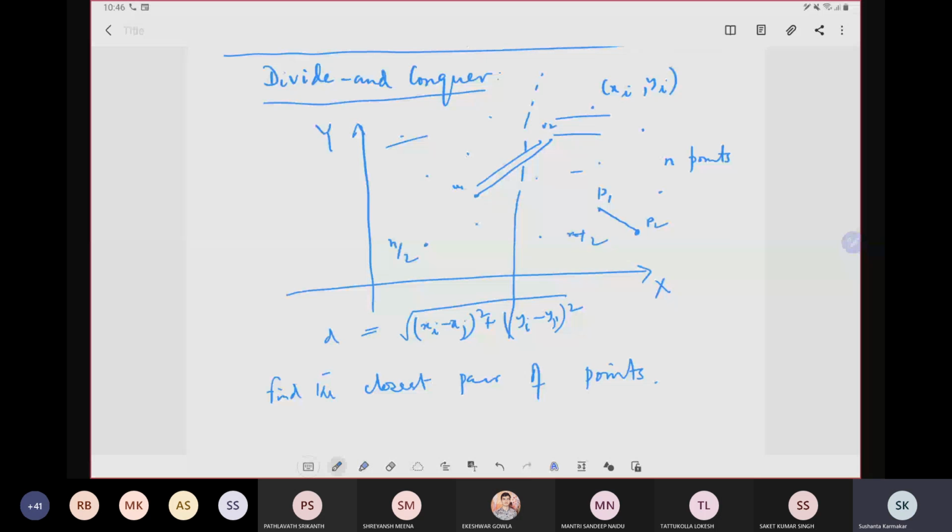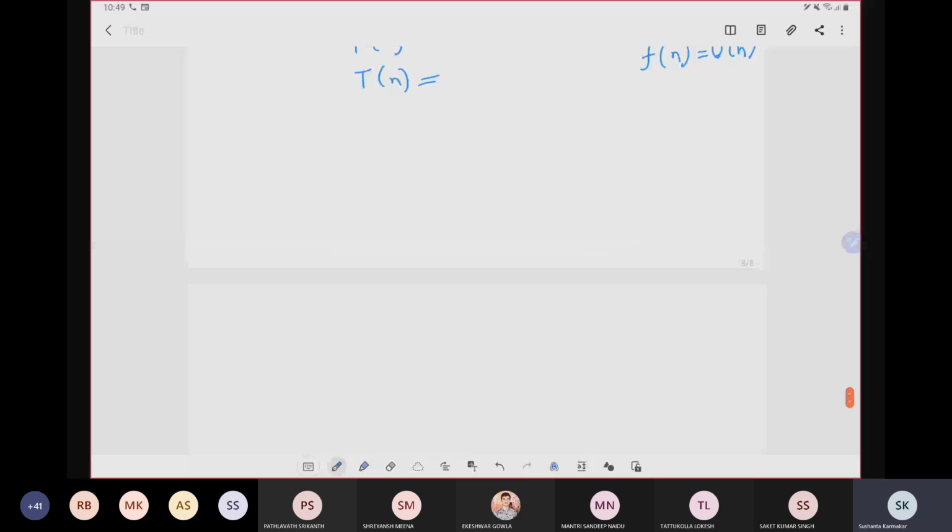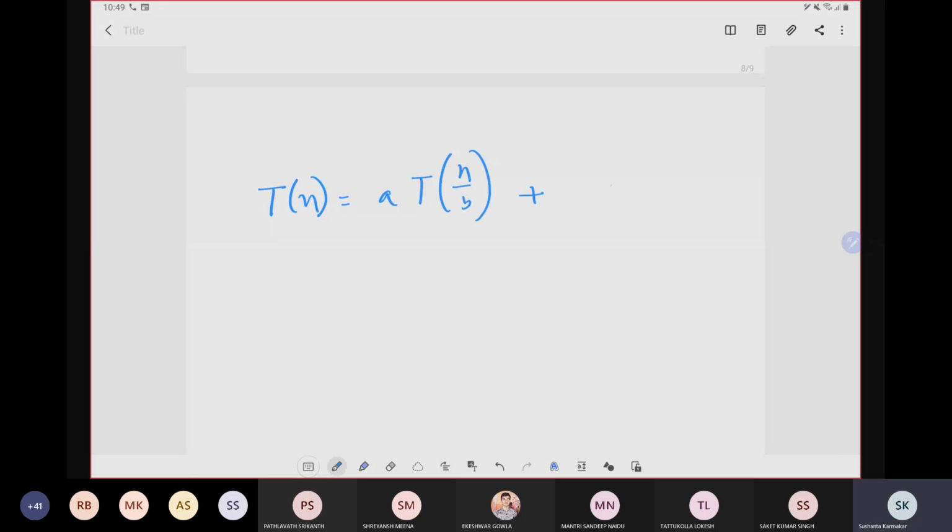Okay, so there is a general expression for this. You might know that this is called the Master's theorem, which says that the expression is something like Tn equal to A Tn by B plus Fn.